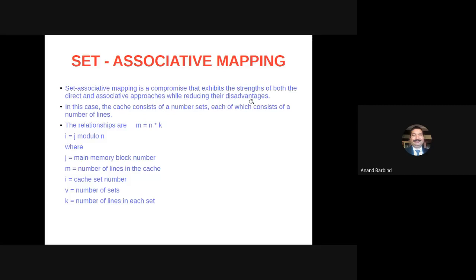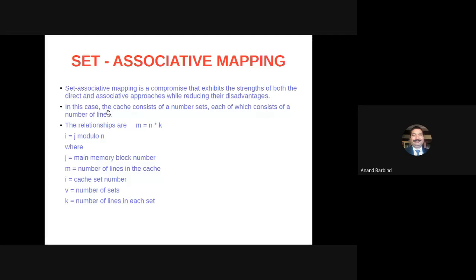The disadvantage of the direct mapping is that a given block can be stored at a particular line only, whereas the disadvantage of the associative mapping is that a large number of comparisons are required. So this particular problem is solved in the set associative mapping.